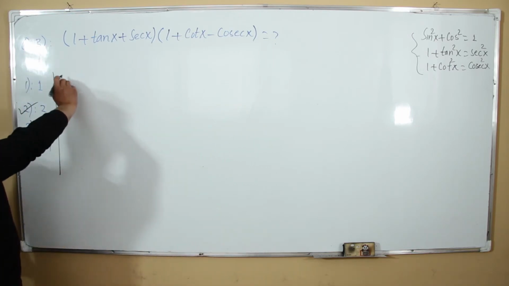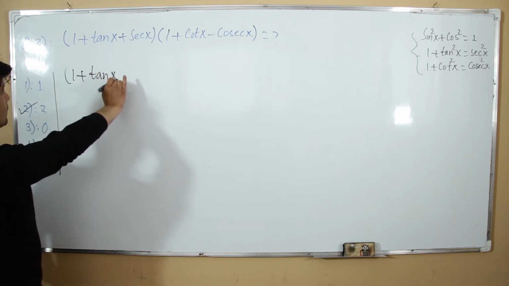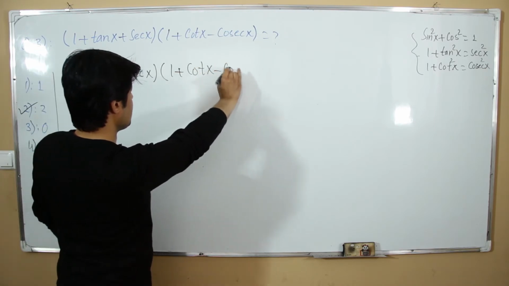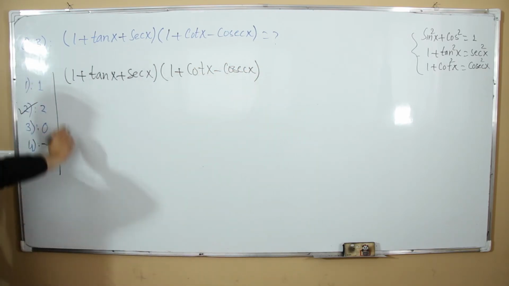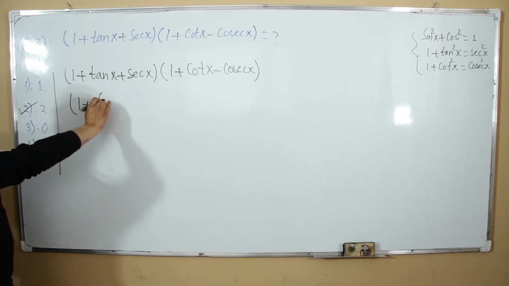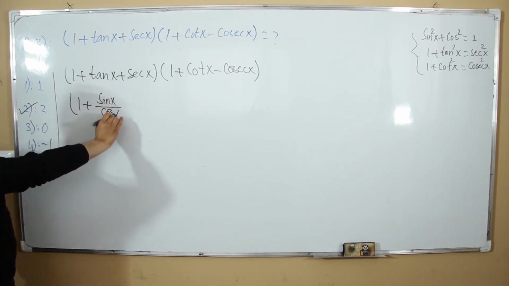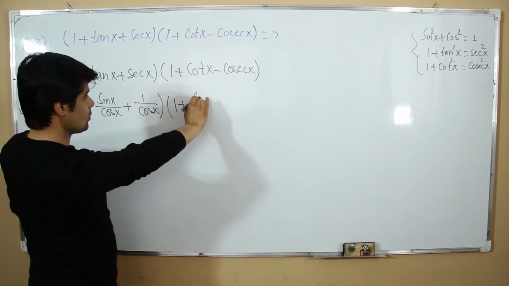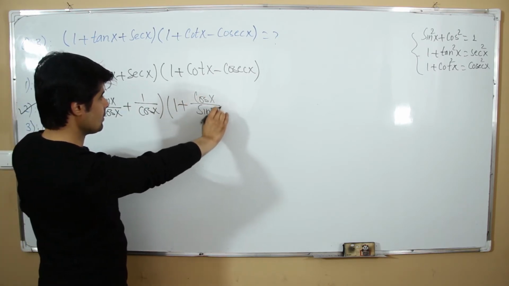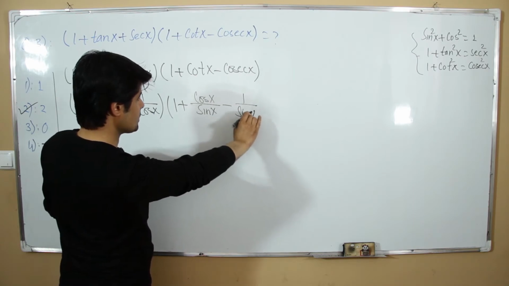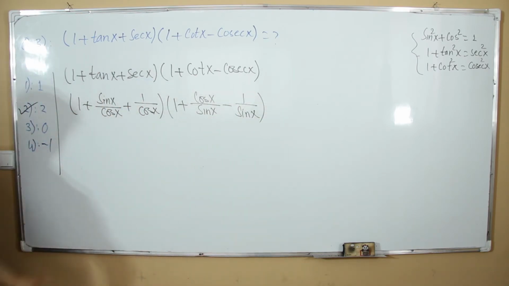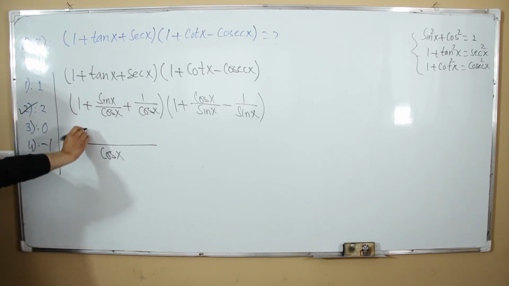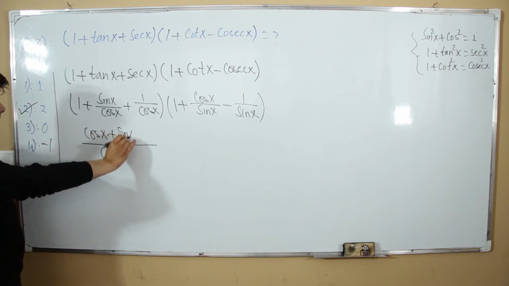What do I mean? I have 1 plus tangent x plus secant x multiplied by 1 plus cotangent x minus cosecant x. Now in here we have 1, this tangent is sine x divided by cosine x, plus this is cosine x. Am I right? 1 plus cosine x by sine x minus 1 divided by sine x. Now in here you have the factor in the denominator cosine x, so we have cosine x plus sine x plus 1.